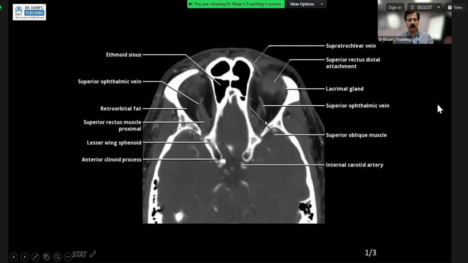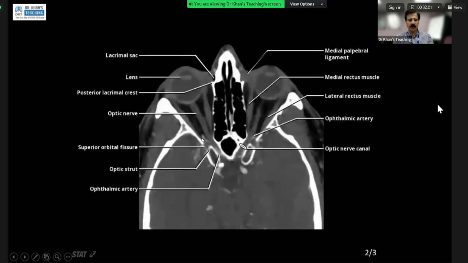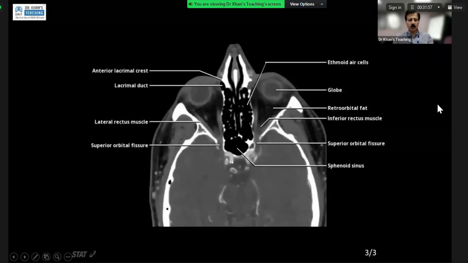This is the superior ophthalmic vein. And if you look carefully, this is the fissure. It will pass through it, ultimately into the cavernous sinus. So please remember that. And that is why, in an exam case, orbital infections can cause cavernous sinus thrombosis.